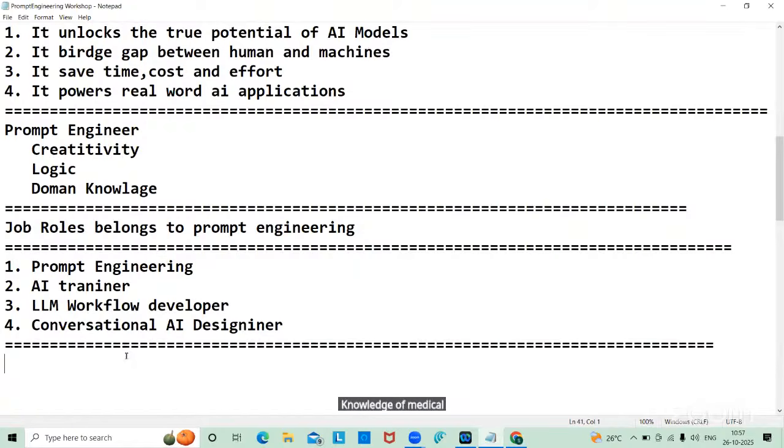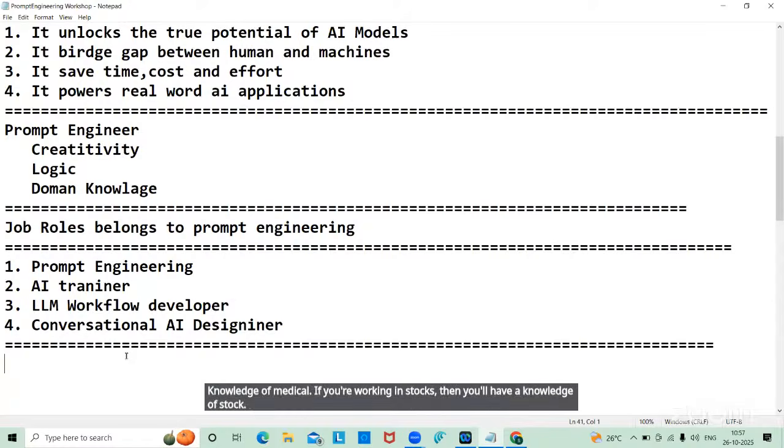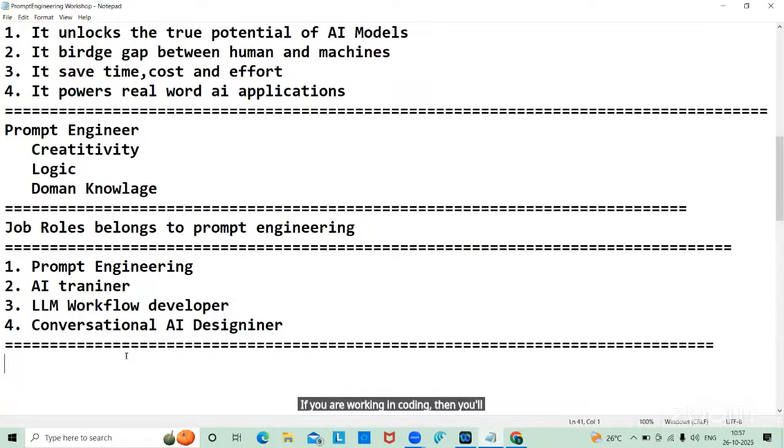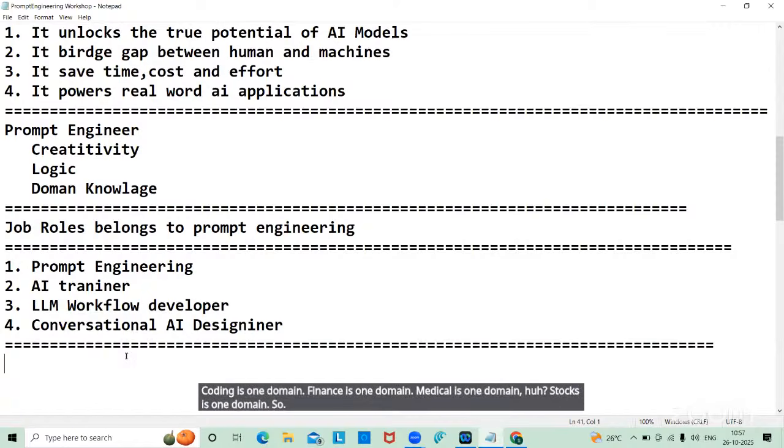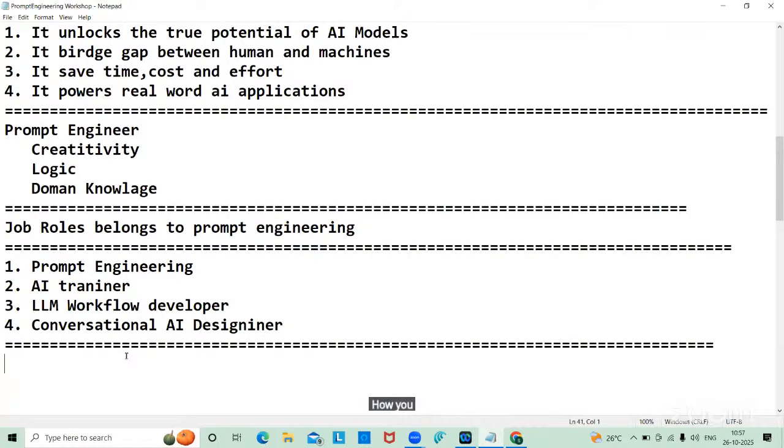If you are working in stocks, you'll have knowledge of stocks. Coding is one domain, finance is one domain, medical is one domain, stocks is one domain. How do you get domain knowledge? When you explore it, when you learn it. If you don't have domain knowledge, then you cannot develop it, right?